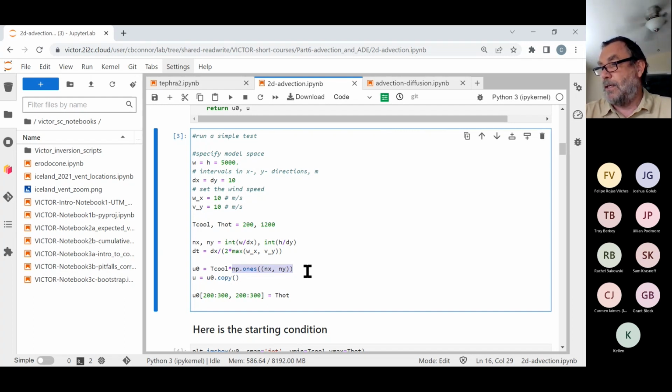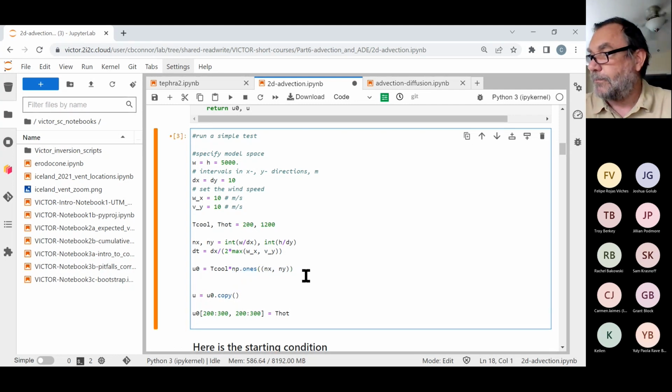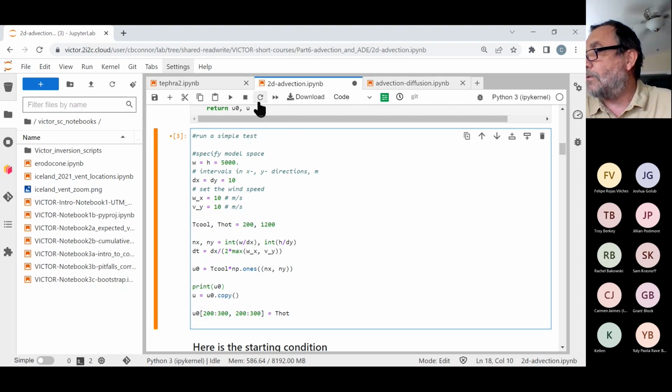So if I, for example, just print U naught, I think I have to run everything just for a second.